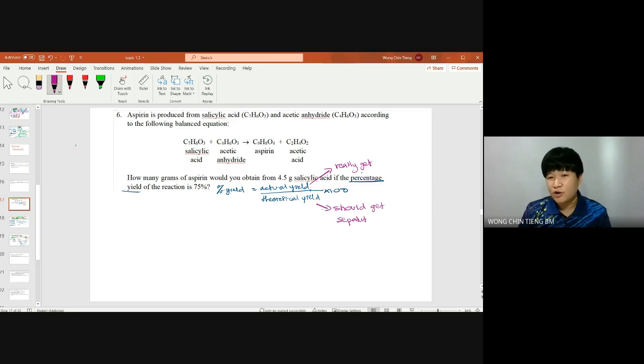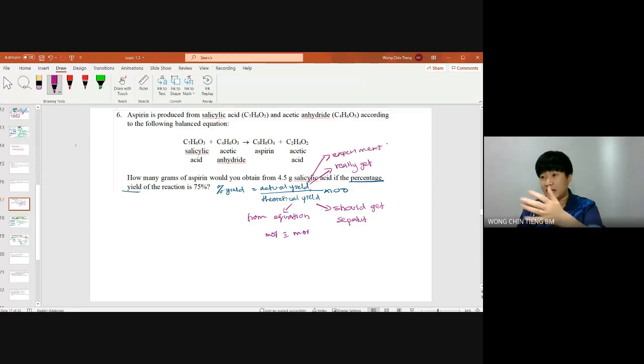Mathematic wise, your theoretical forever from equation. Kalau kamu kira ada perkataan from equation and then kamu buat mole ratio dengan mole ratio, that is theory. Alright, that is theory. Actual you is the one that you do it in your experiment during the lab.